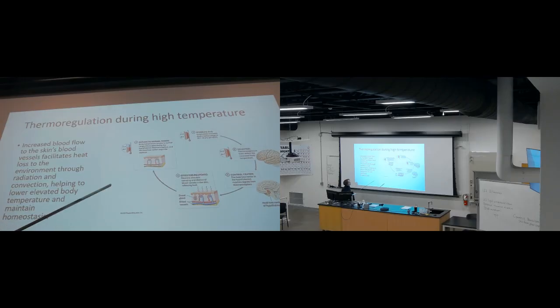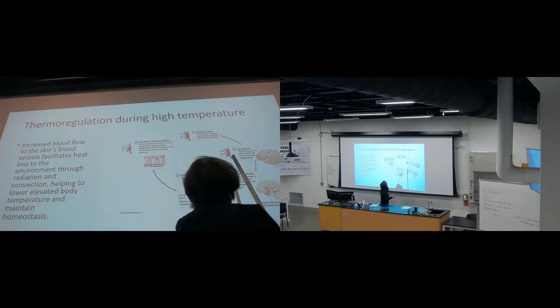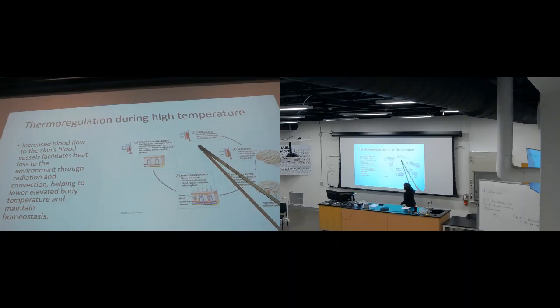So here's the cycle for thermoregulation. In this case, we have a temperature of about 37.2 degrees. And if that goes higher, then signals go from the skin into the hypothalamus, which is this part of the brain.